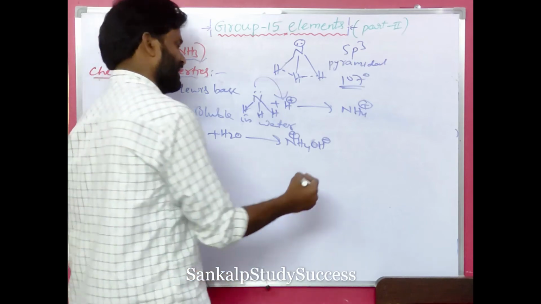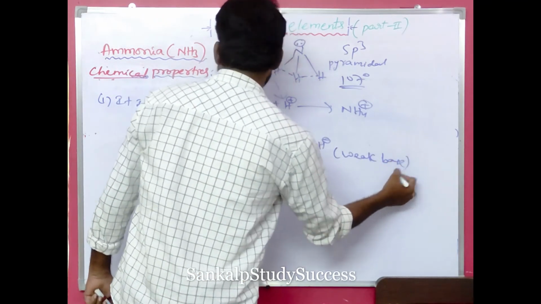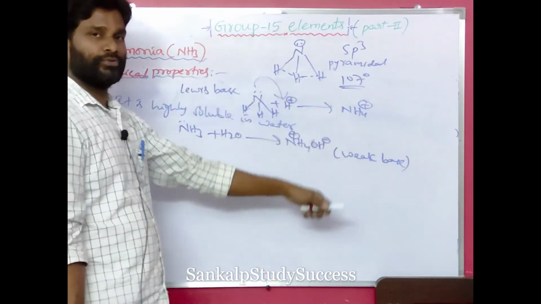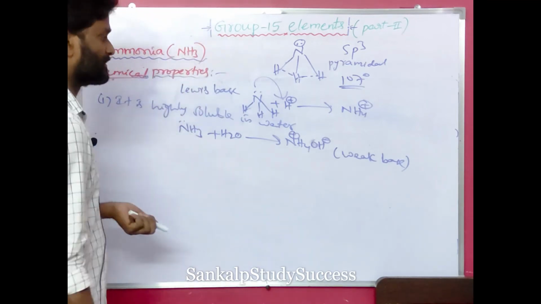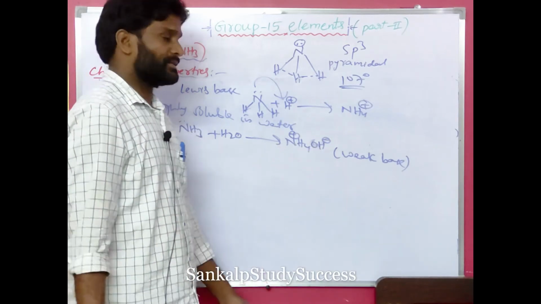Ammonium hydroxide is a weak base. So it is highly soluble in water, forming a basic solution. What is its formula? Ammonium hydroxide, an aqueous solution of ammonia having weak basic nature.